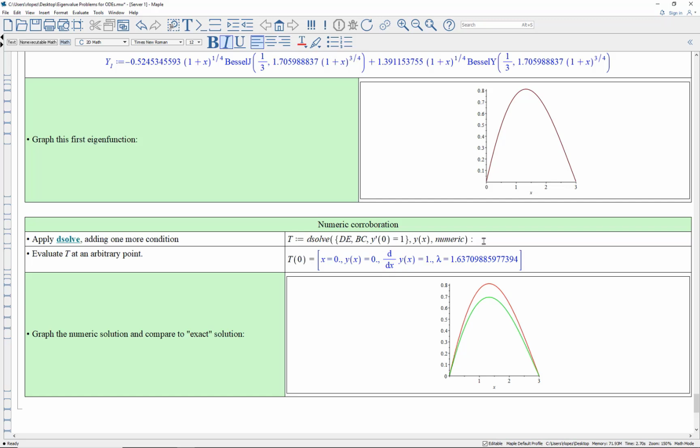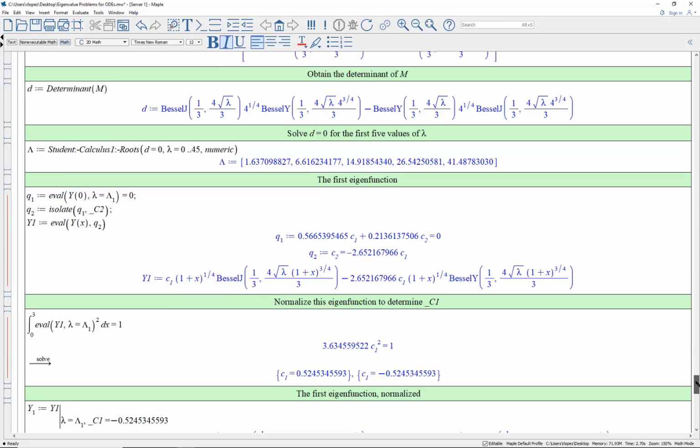It creates a list of procedures which, when evaluated at a point, give you numbers. So here I've taken t, this t here, at 0. So it says that you've evaluated at x equals 0. This is the corresponding y value. Here's the derivative value. And this is the lambda.